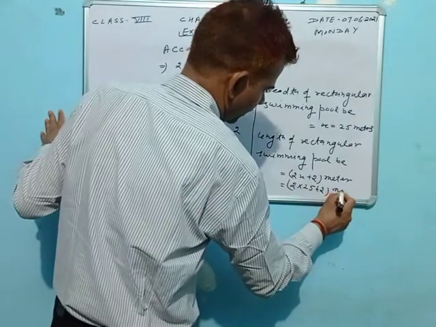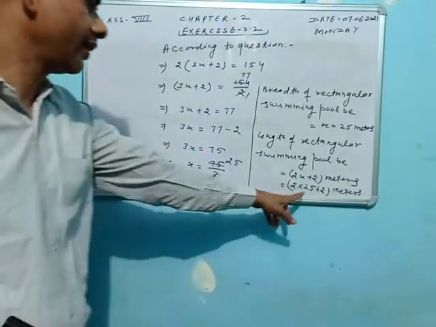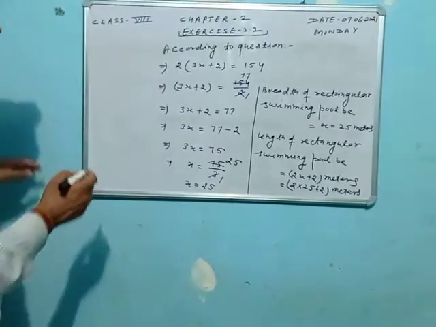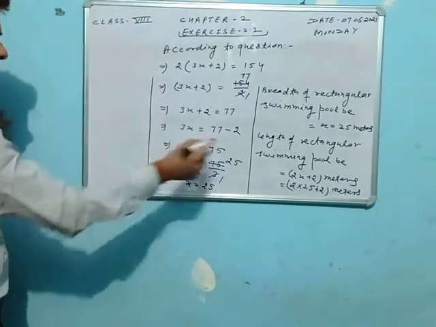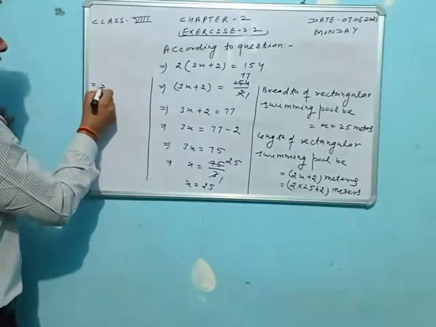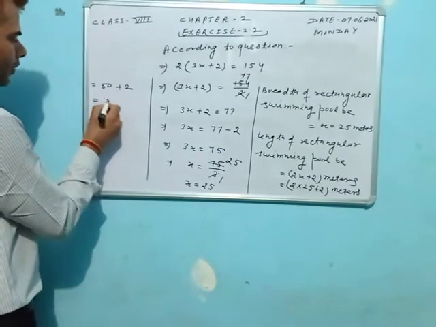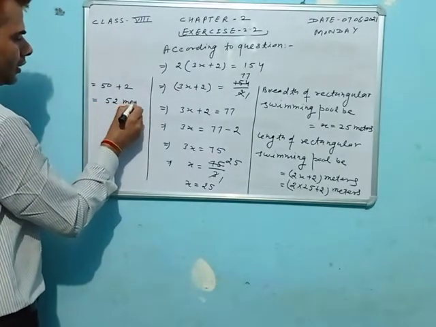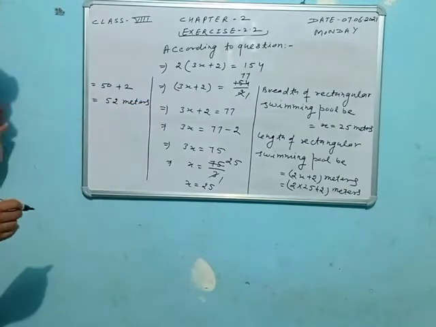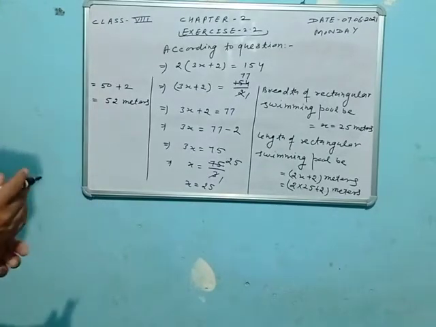Now students, 25 into 2 is 50, plus 2 is 52 meters. 52 meters will be the length of the swimming pool.